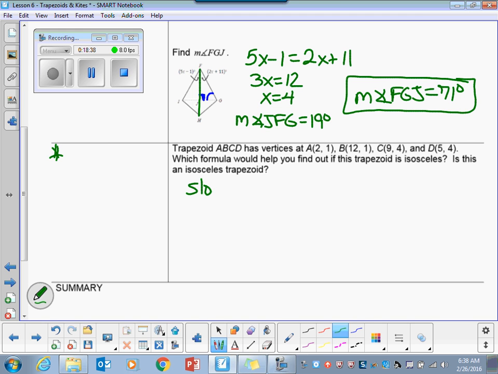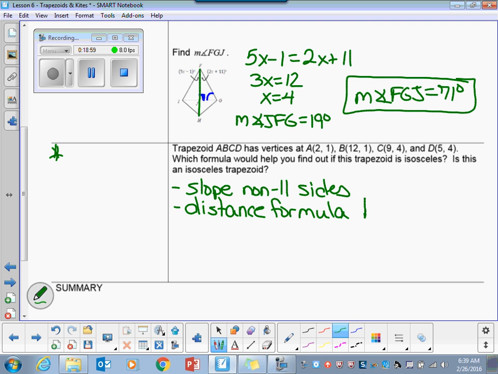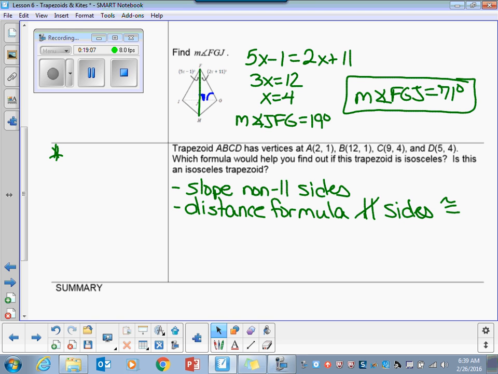So I need slope to prove that we have non-parallel sides. And then I'm going to have to use the distance formula to prove the non-parallel sides congruent. And lucky for you, it just asked me how to do it. It didn't ask me to actually do it, so you're in luck at this point in the notes. You need a couple of guiding questions in the summary, and you are done for today.